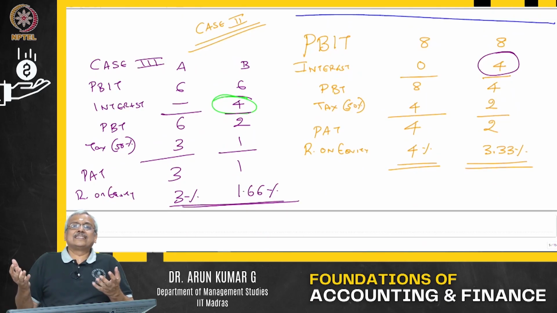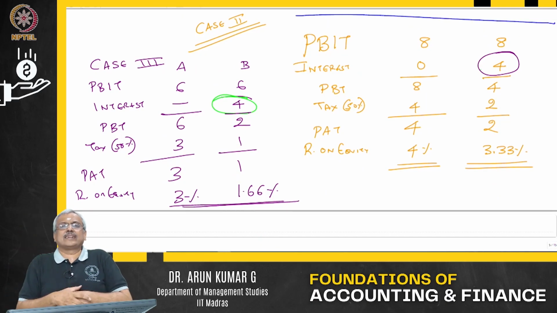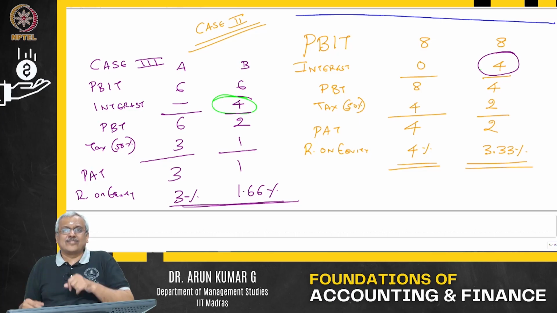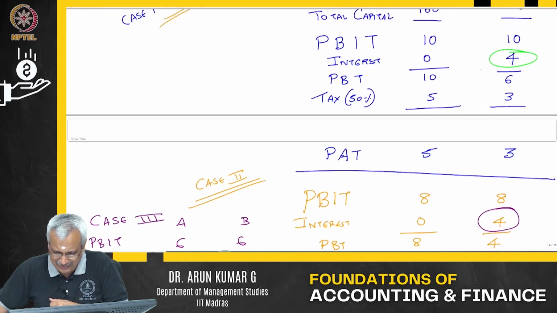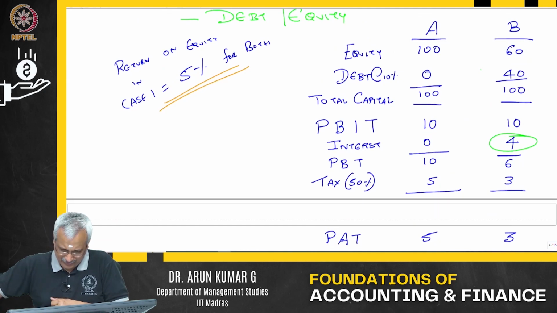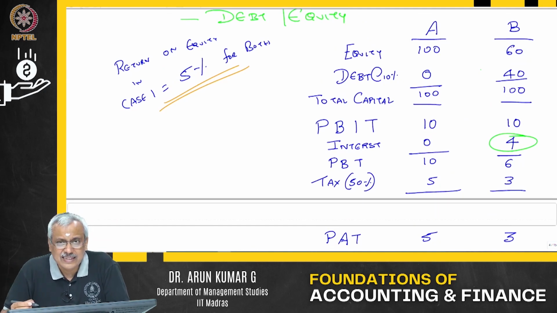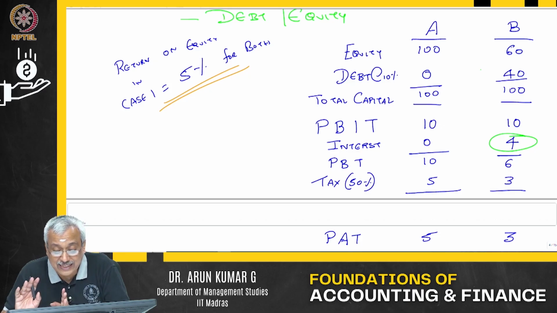That is, as the debt increases in the capital structure, what happens? The risk of the equity holder increases because, for example, let us take this case itself. The company says, I need to increase my capital to 120.